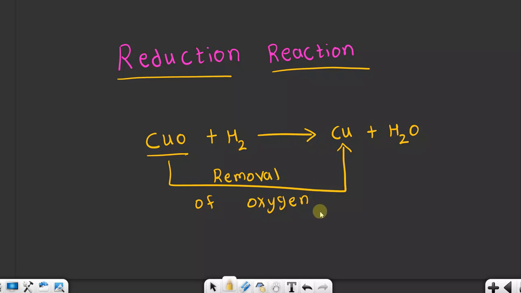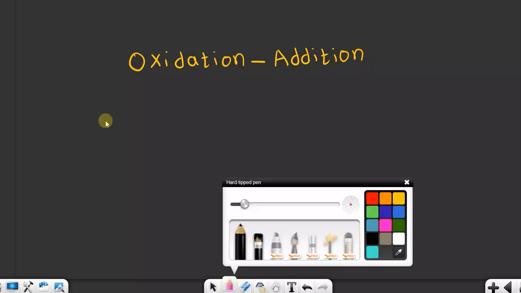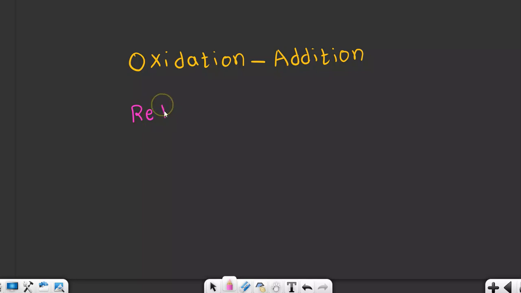I hope everyone is clear what an oxidation reaction and a reduction reaction are. You just have to remember that in case of oxidation reaction, it is addition of oxygen, and in case of reduction reaction, it is removal of oxygen.